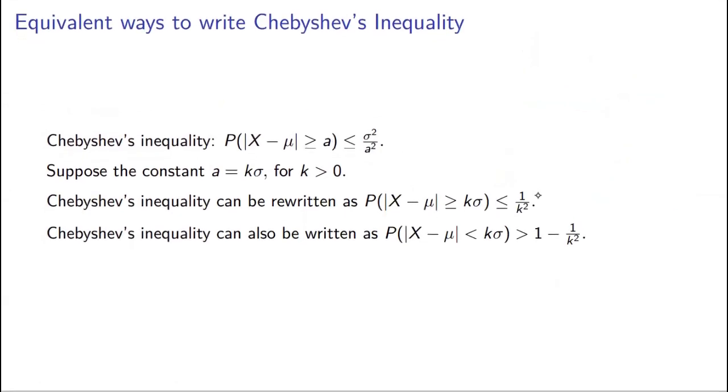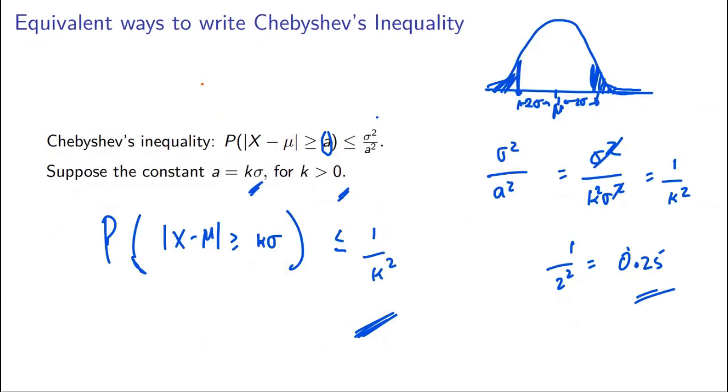Okay, here's another one. Sometimes you will also want to write Chebyshev's inequality in a way that you want to have the probability of observing values within k standard deviations from the mean. So the complement of the blue shaded is this orangish color.